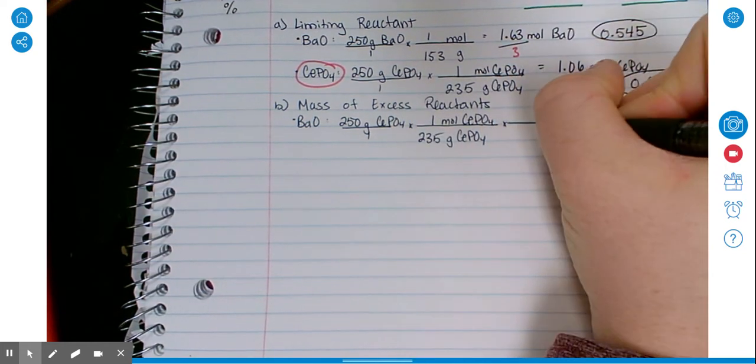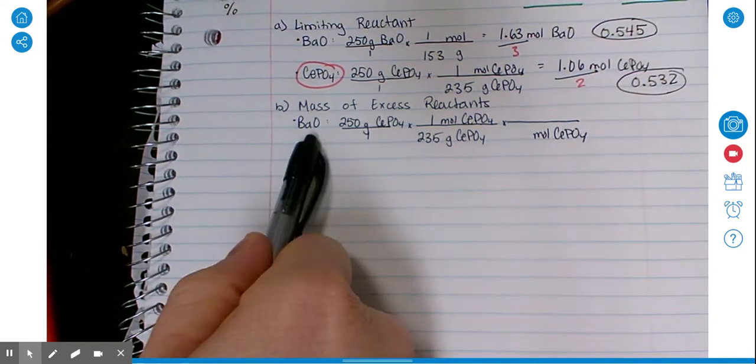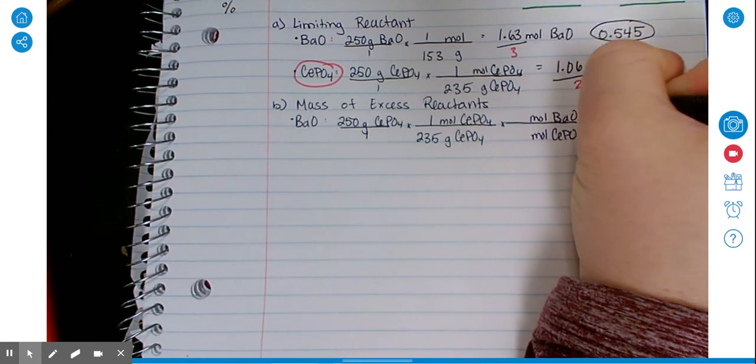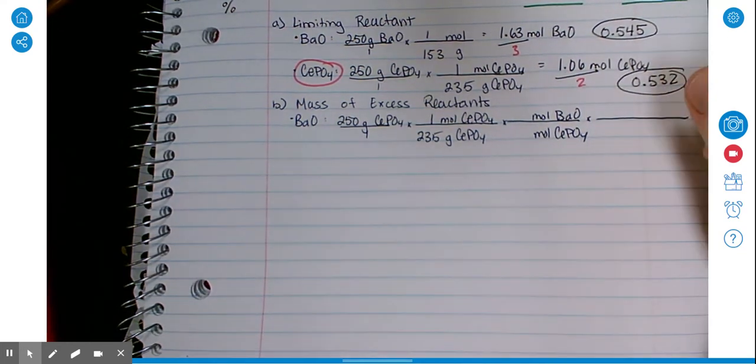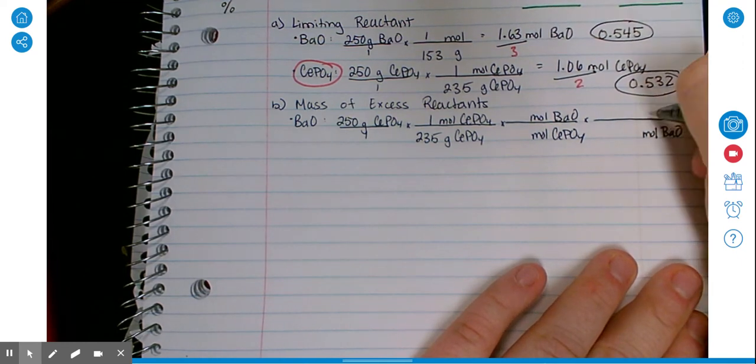From moles of one substance to moles of another, this time barium oxide, and from moles of that substance to my end goal, which is grams of that substance.